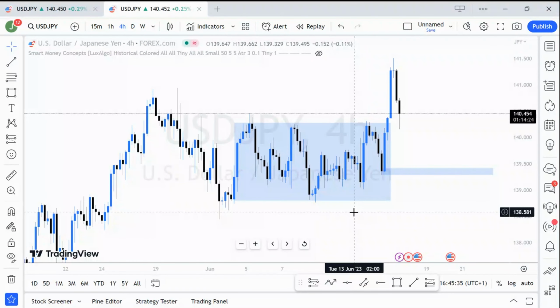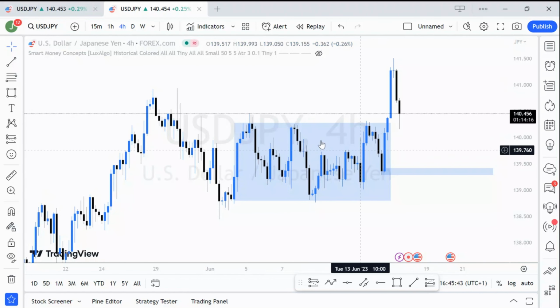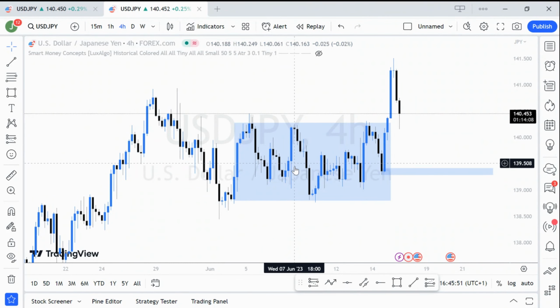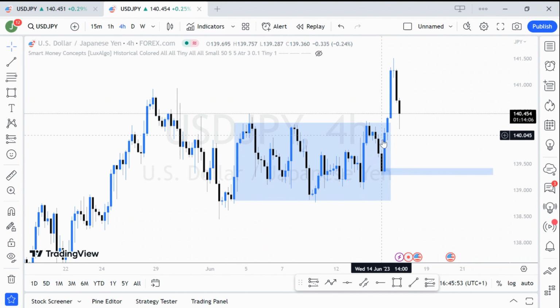The last market structure is the ranging market. This is USDJPY on the 4 hour time frame. This is how the consolidation market looks. This is an equal high, equal low, equal high. Then there is a breakout to the upper side.